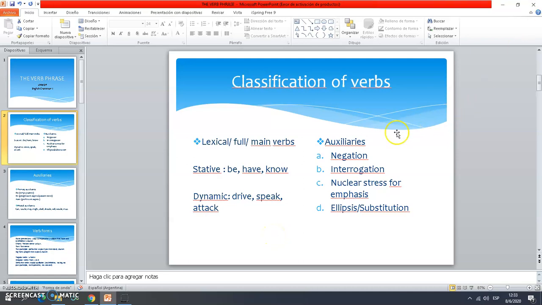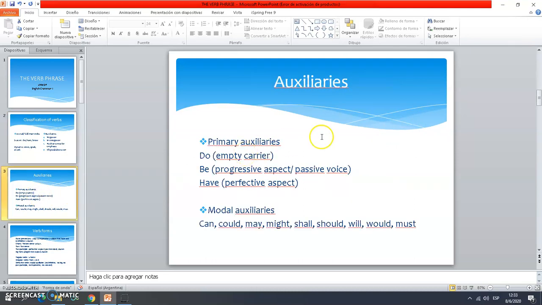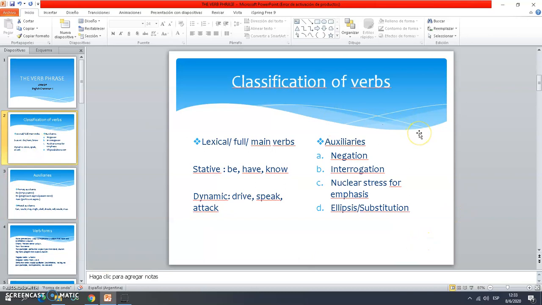Now here, when we talk about auxiliaries, you probably know that within auxiliaries, we have primary auxiliaries and modal auxiliaries. And in both cases, we say that they are operators because we use them in certain operations, okay? As the ones we have here. These are the operations where auxiliaries are involved.